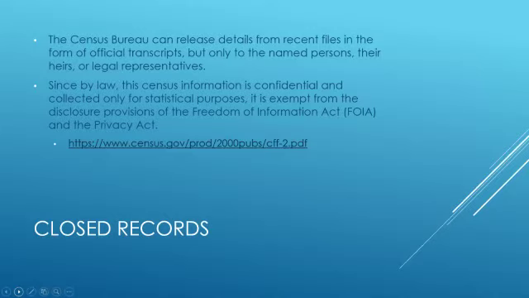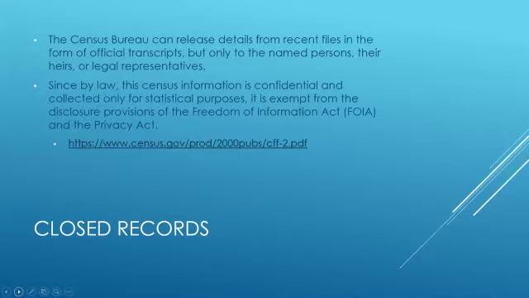Now, when I mentioned the 72-year restriction, that is very, very strict. The Census Bureau can only release details from censuses that were collected before that 72-year restriction is up to the people named in that record, their heirs, or their legal representatives.